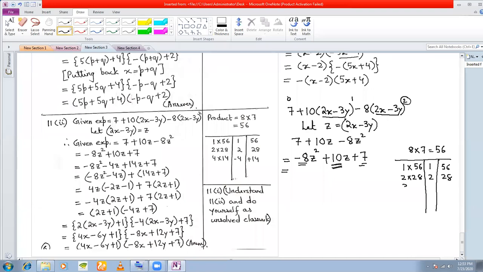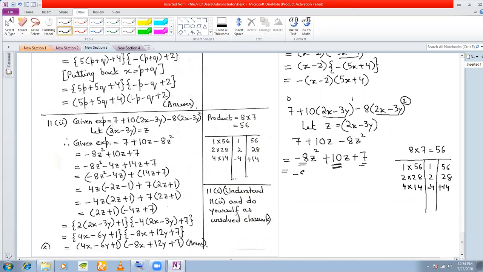Let's see. 3 will not divide 56. So no point. 4 into 14. 4 and 14. Will it give me plus 10? Yes. If I take a plus sign here and a minus sign with 4, it will.